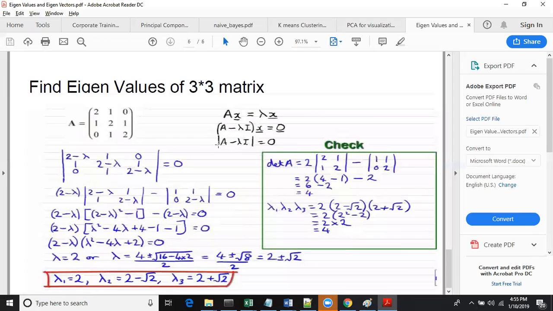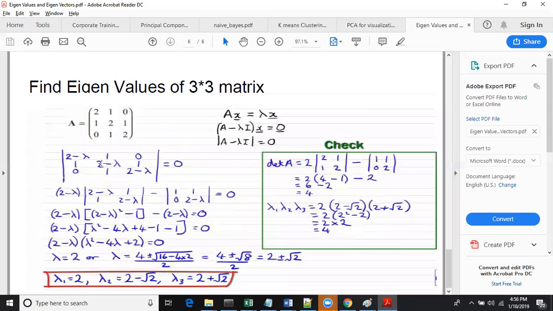And using this formula, A minus lambda I is equal to 0. If you put in this equation, it will be like this: 2 minus lambda. 2 minus lambda will be there. I is considered 1 here.